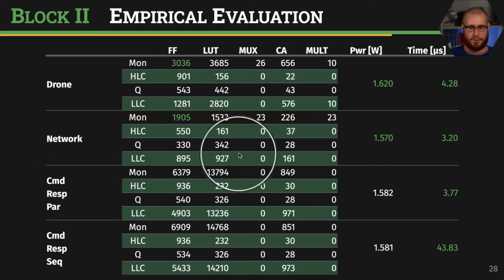Here we once again measured the evaluation time, and we can see that the time in microseconds for the parallel execution was 3.77. And by turning off the parallel execution, it went up to 43.83 microseconds per event. So there's a drastic difference here.